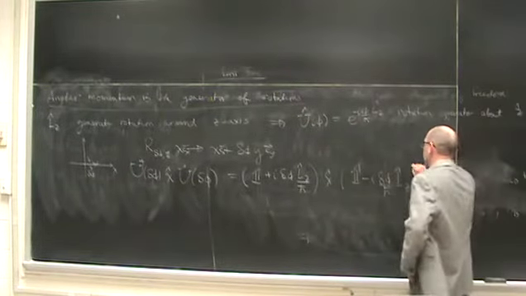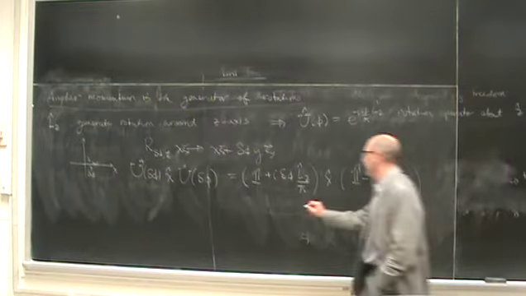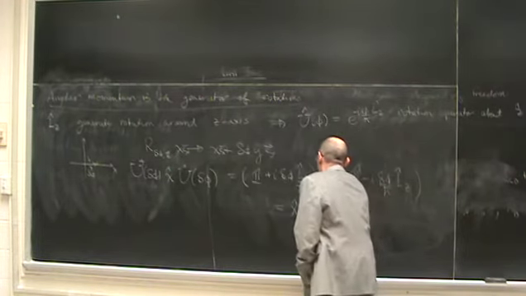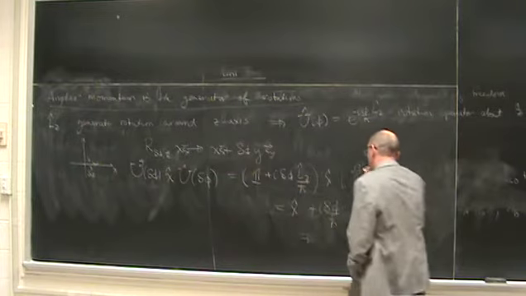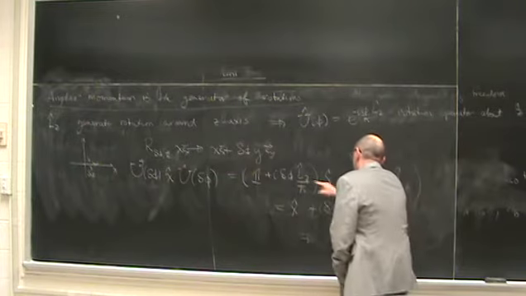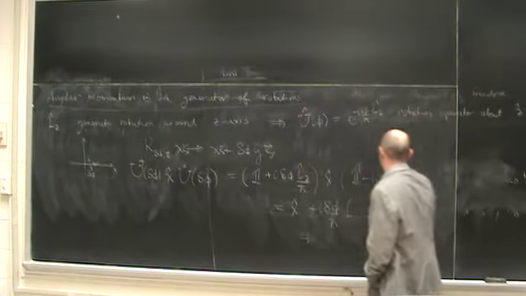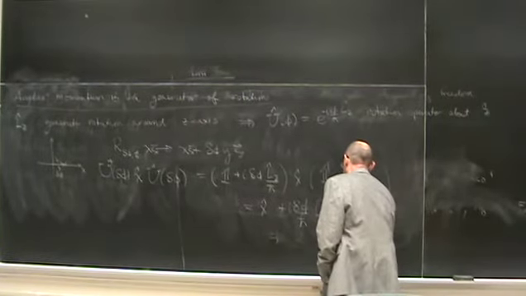So this is my infinitesimal transformation, right? And if I write this out, I get x hat plus i delta phi over h bar LZ times x minus x times LZ, so the commutator.